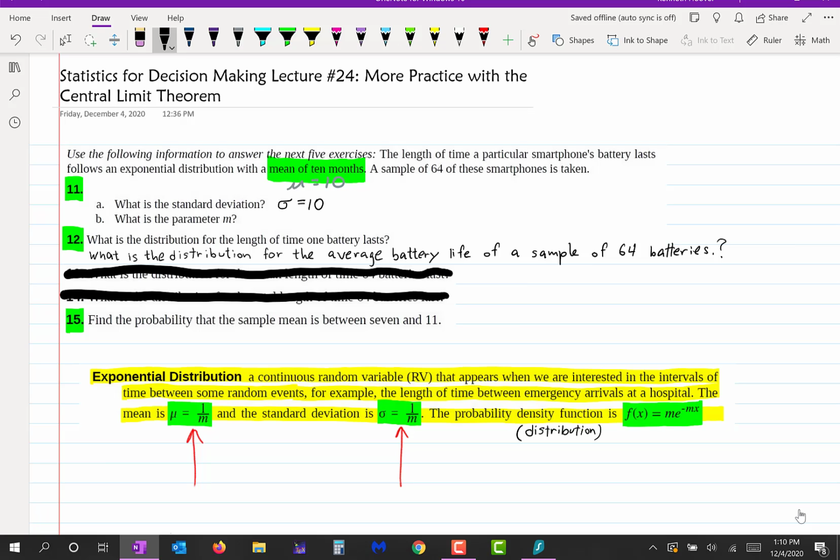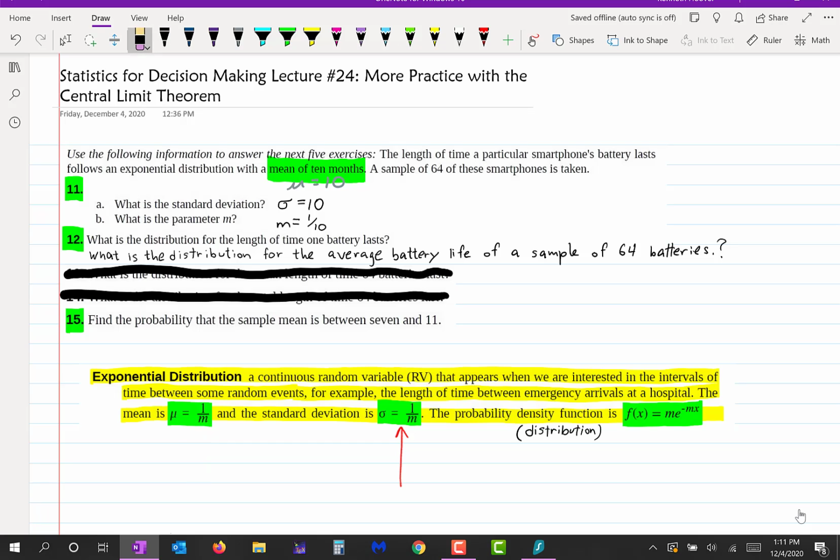Okay? Now we'll do B. What is the parameter m? Okay, so 10 equals 1 over m, so therefore m must be 1/10. Okay, so that answers those two questions. What is the distribution for the length of time one battery lasts?